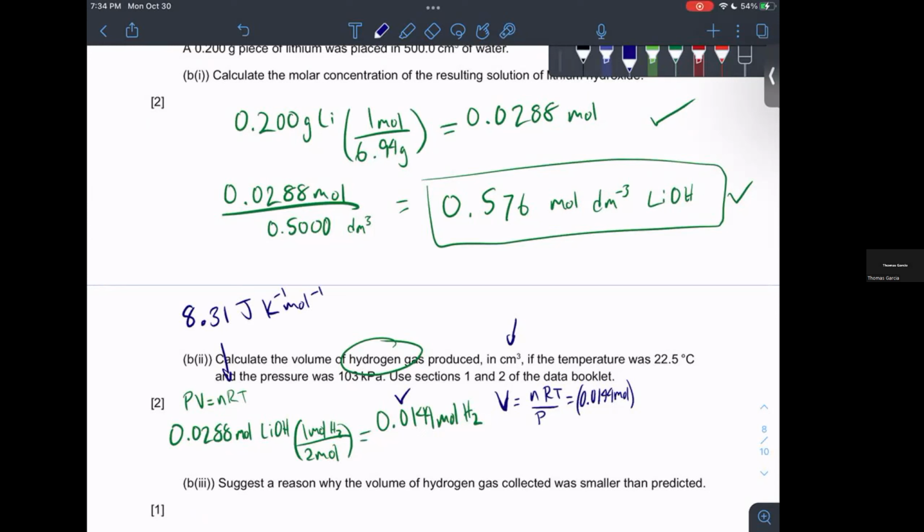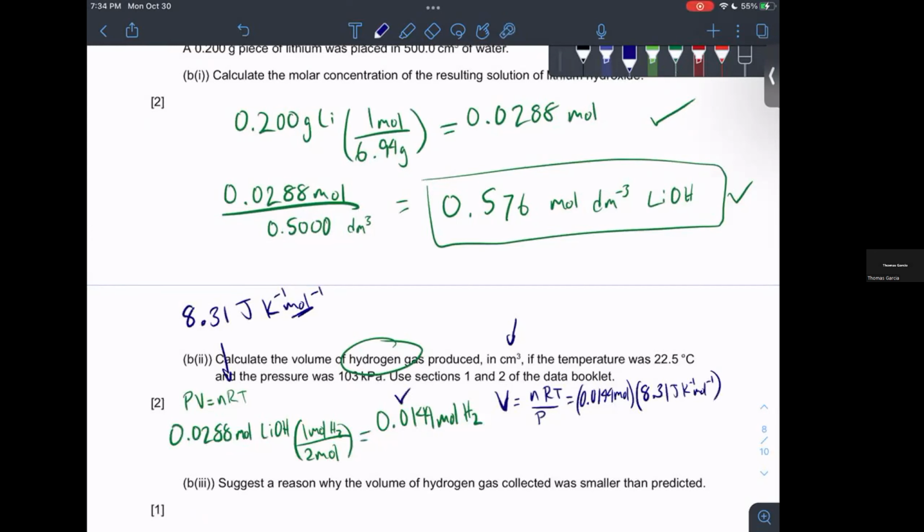This has 2 key aspects. One, you can see it's in moles. So that's perfect because our moles are going to cancel out and that'll help us get to volume. 8.31 joules Kelvin -1 mole -1.